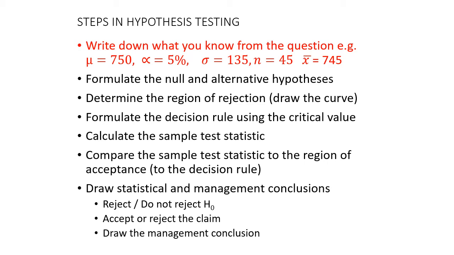Then lastly, which is step number 6, you draw statistical and management conclusion. With your decision rule, you will be able to either reject the null hypothesis, or you will not be able to reject the null hypothesis. And then you would accept a claim because it's true, or reject a claim because it's false. Then draw the management conclusion. So those are the steps.